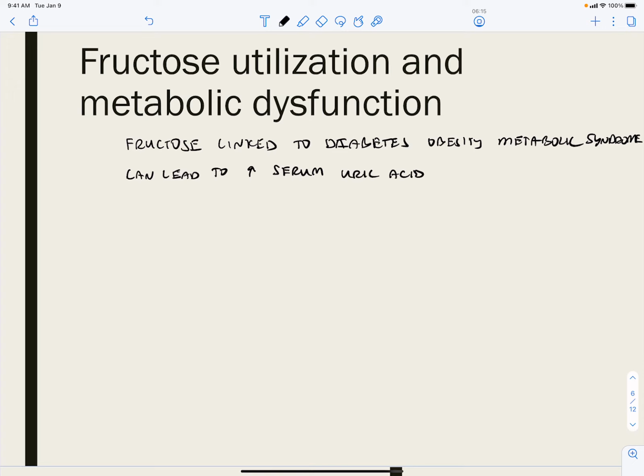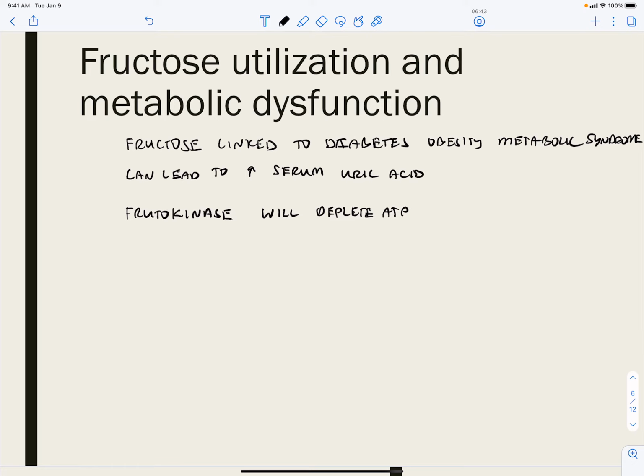Now, the use of fructokinase is going to deplete your ATP stores, because it's using the ATP, of course, to phosphorylate fructose.